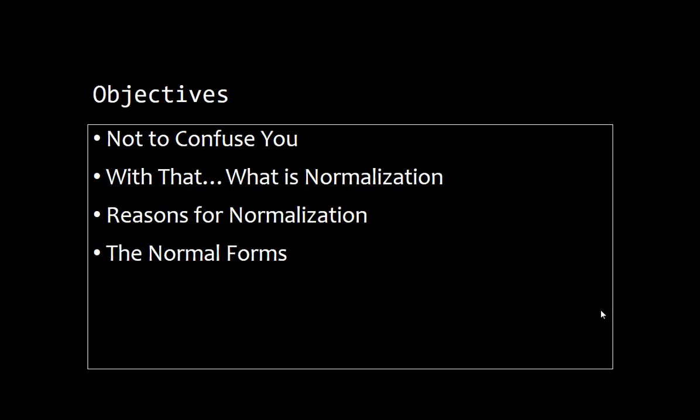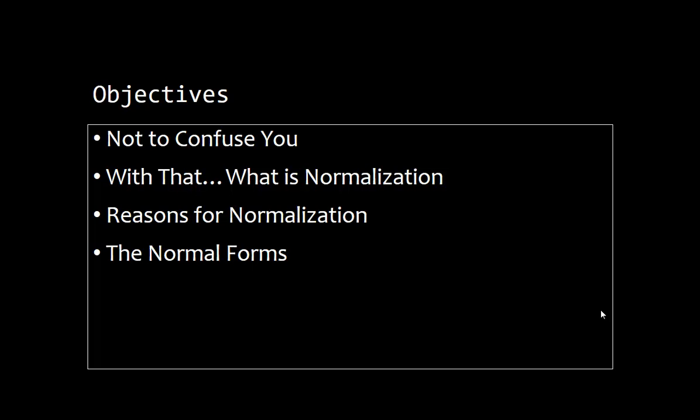So, what we want to do now is back up a little bit and make sure you understand this concept, and then also make sure you understand how to apply it based upon where we are right now. I hope that makes sense. I think it will. With that said, what this video is going to talk about is, number one, we don't want to confuse you on this. We want to make sure you understand what it is we're doing. And we're taking a very cautious step by step approach on this topic.